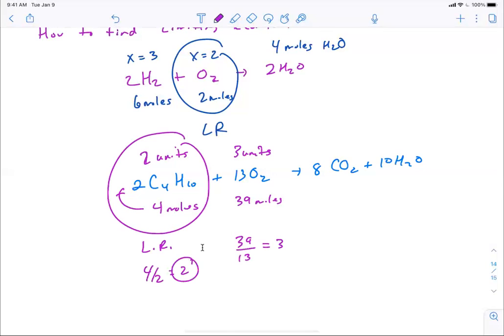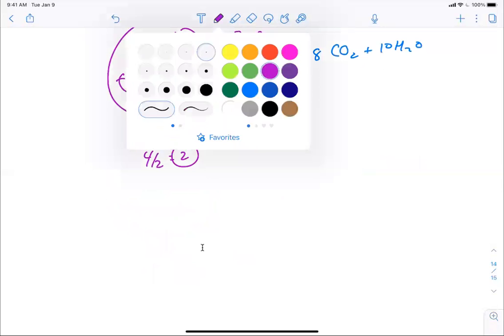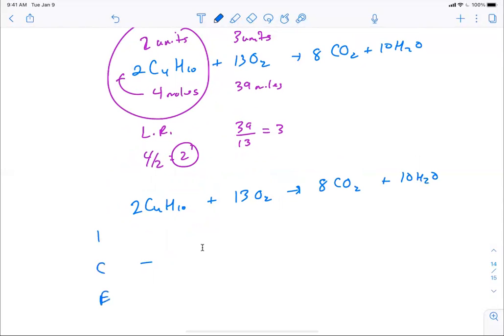Whichever one makes a smaller number, that's the one that's going to dictate your limiting reactant. And if you did Rice charts last year, then you can see that, because when you map this out as a Rice chart, your change is minus 2x, minus 13x, plus 8x and plus 10x.